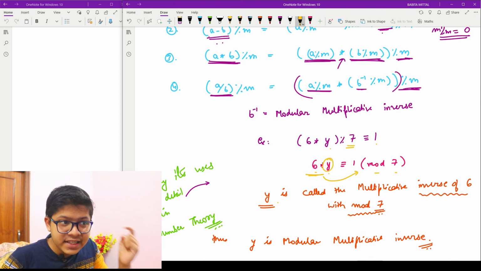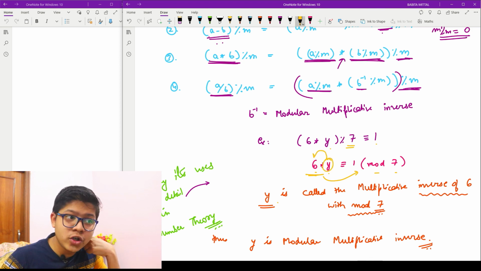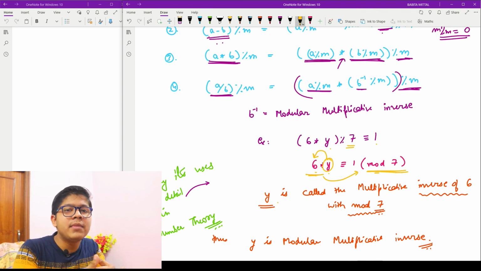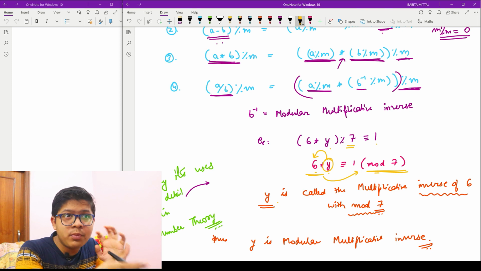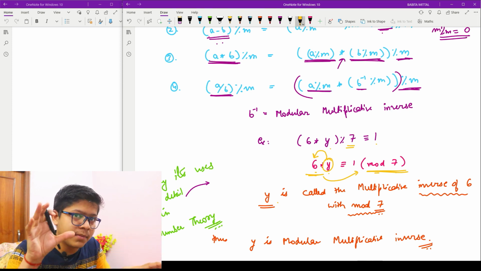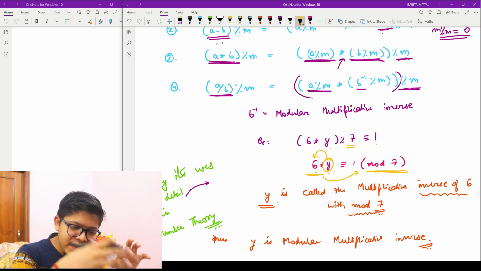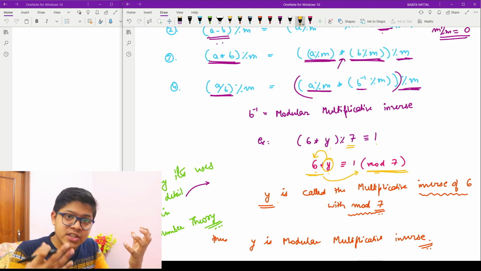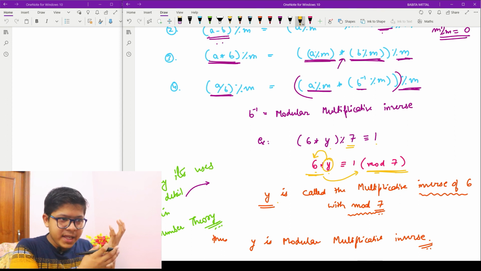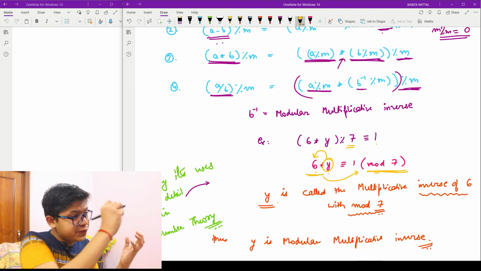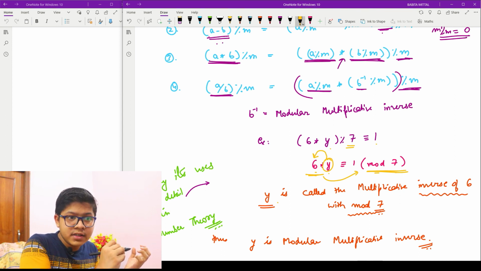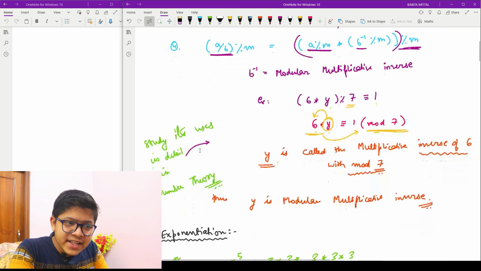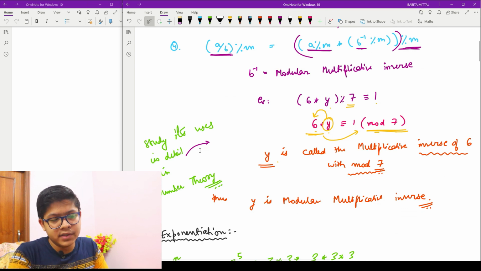See, earlier we used to study the multiplicative inverse as the number which, multiplied with a number, results in 1. But here we added a modulo term. So I will only apply the modulo at the end, which means that y is called the multiplicative inverse of 6 with mod 7. Very fine. So here y is called the modular multiplicative inverse.